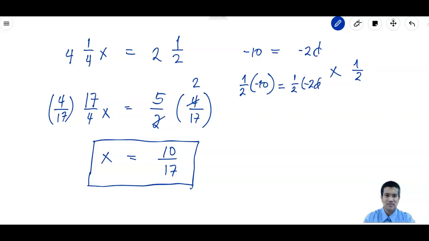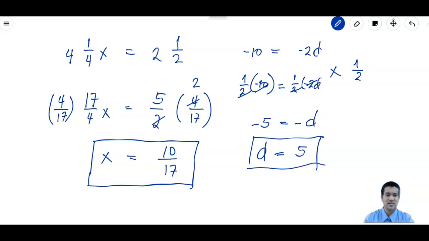The remaining answer, after canceling out to 1, is negative 5 equals negative d, and so the final answer becomes positive 5, because we divide both sides by the negative. When you check that, you substitute the value of d, so negative 2 times 5 is equal to negative 10.